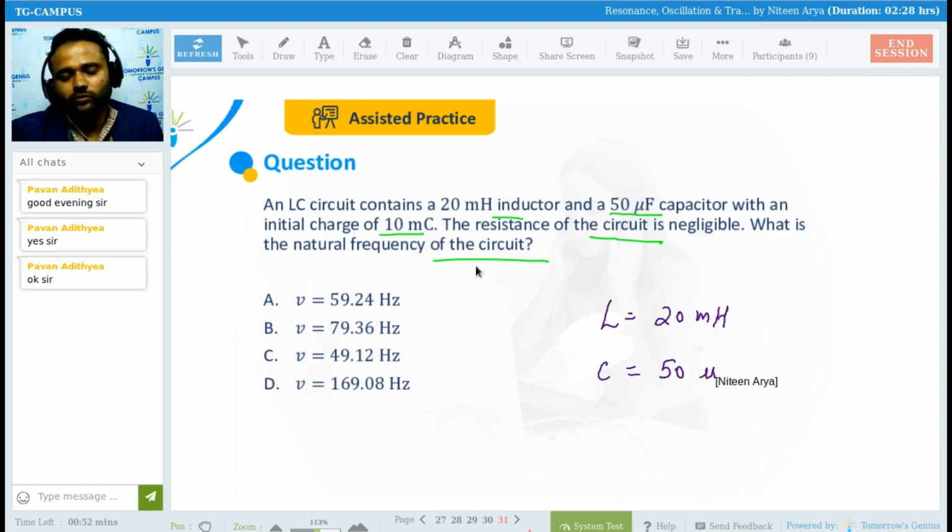C is 50 microfarad. You need to find omega naught, nothing more than that, the natural frequency. You know the formula. Just calculate and tell me.